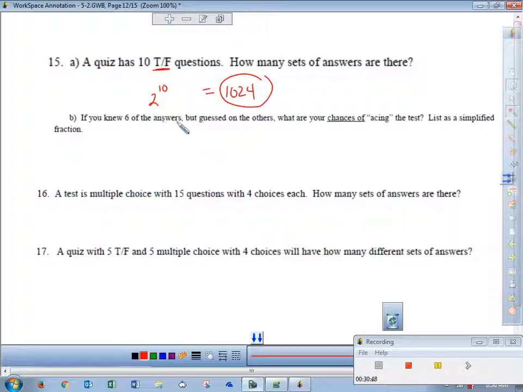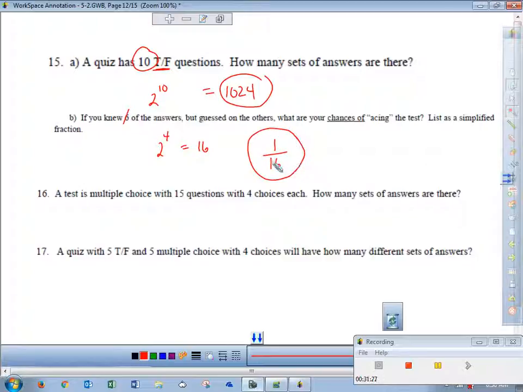If you knew 6 of the answers, so it's guaranteed you got those 6 right, but guessed on the others, what are your chances of acing the test? Well, there was 10 questions and you knew 6, so isn't there 4 left over? So choices, 2 to the 4th power, that's 16. Well, if there's 16 different combinations of guessing, only one of those combinations is going to be correct.